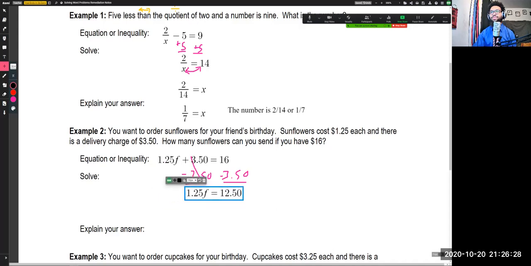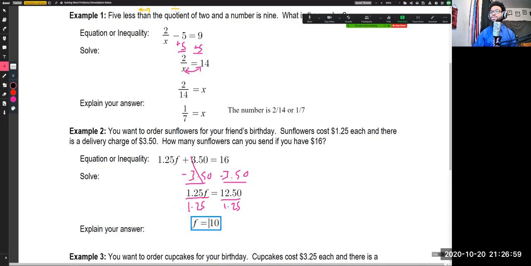Now my next step is to divide both sides by 1.25. Not F, just 1.25. 1.25F divided by 1.25 leaves me with F on this side, and that's going to be equal to 12.50 divided by 1.25, and that's going to be 10.